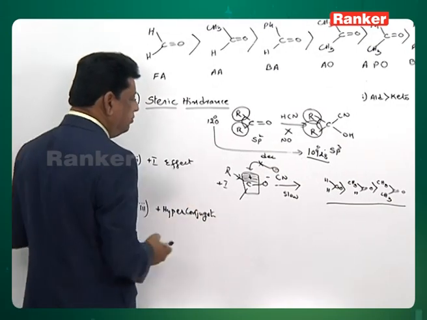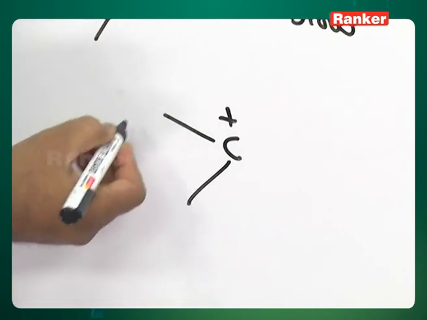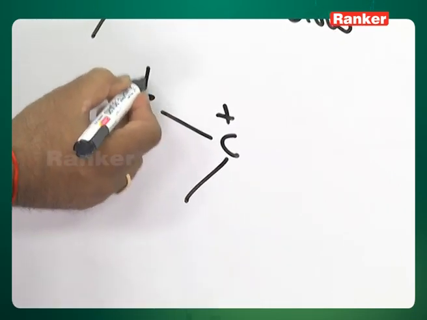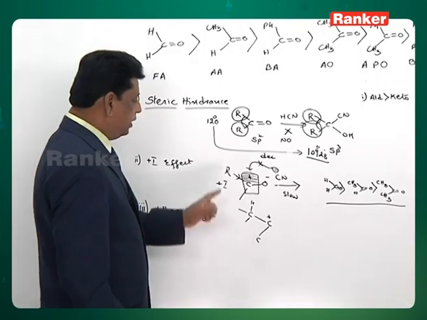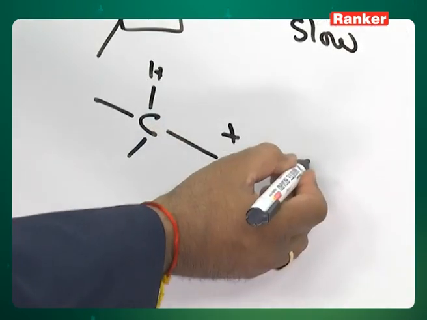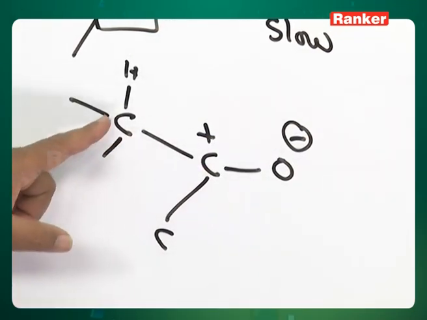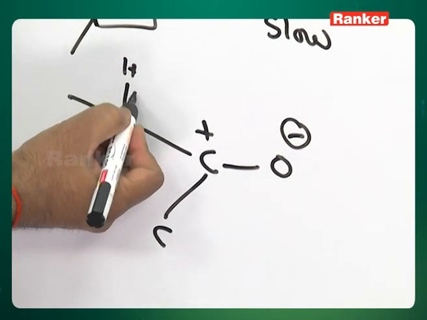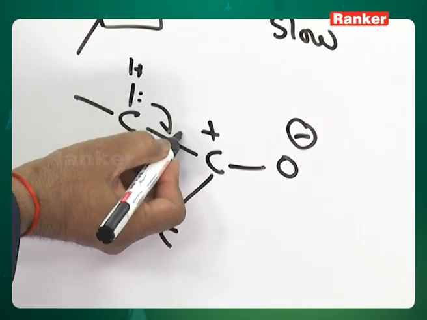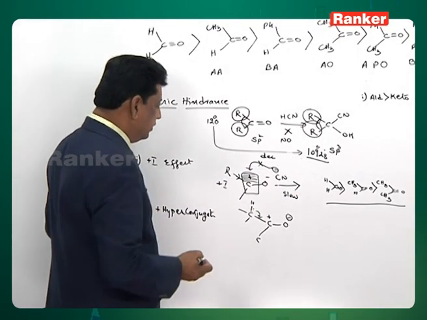How this effect comes: whenever there is a carbocation attached with a carbon holding a minimum of one hydrogen, this is the hyperconjugation definition. Whenever an unsaturated carbon is attached to a saturated carbon holding a minimum of one hydrogen, these two sigma electrons show conjugation with this unsaturation, that is hyperconjugation.